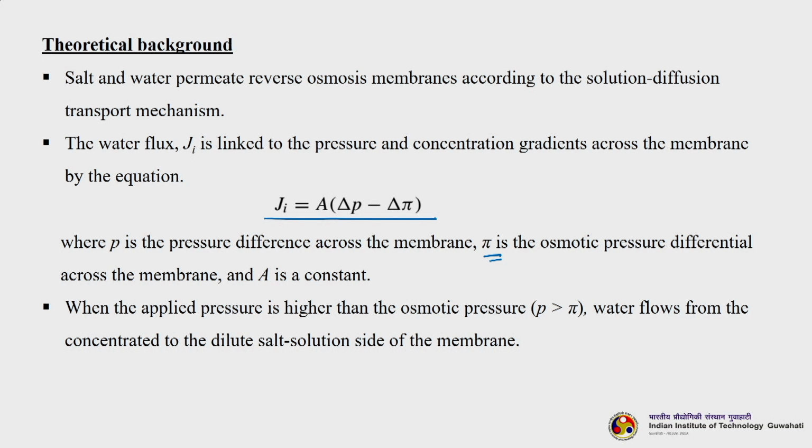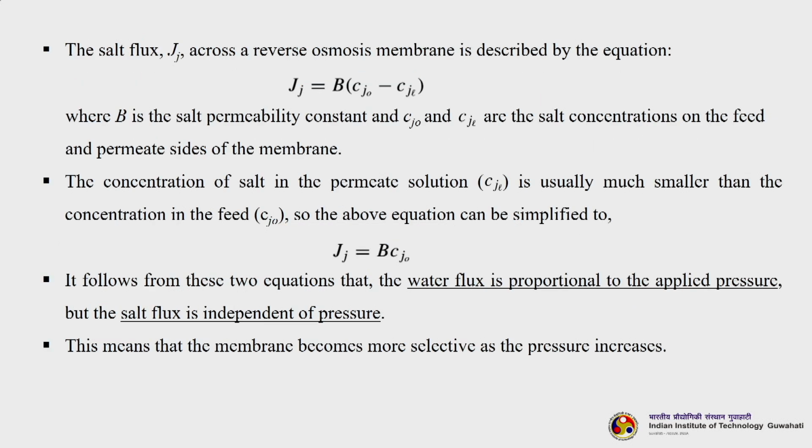When the applied pressure is higher than the osmotic pressure, P greater than pi, water flows from the concentrated to the dilute salt solution side of the membrane. The salt flux across a reverse osmosis membrane is described by the equation Jj equals B into Cj0 minus CjL.